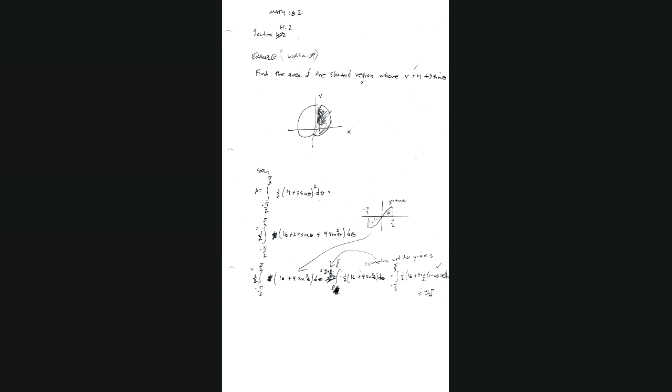So we're going to get 8 pi here, because 16 times pi over 2 is 8 pi. And then 9/2, sine of pi is 0. 9/2 times pi over 2 is 9 pi over 4.